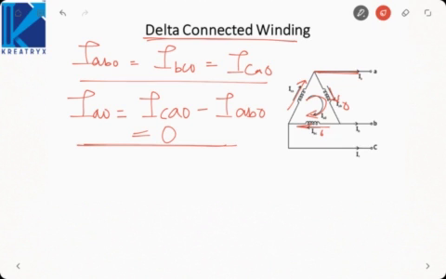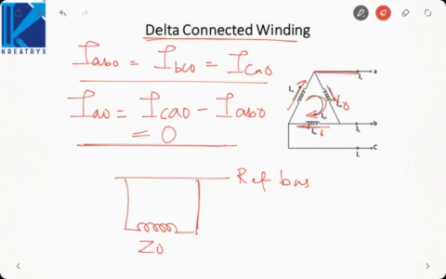So how to represent this fact that zero sequence current can exist in the phase but not in the line? What we will do is take the reference bus. This will be Z0 and it will be connected to the reference bus. And this line will be shown open here.